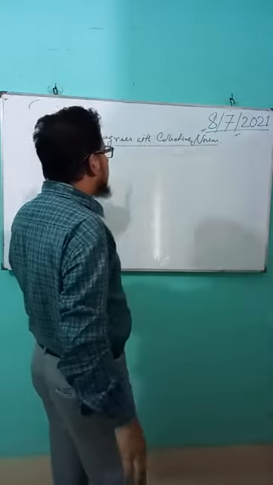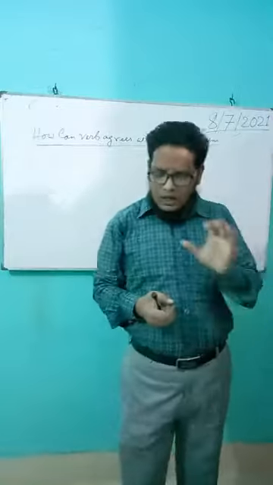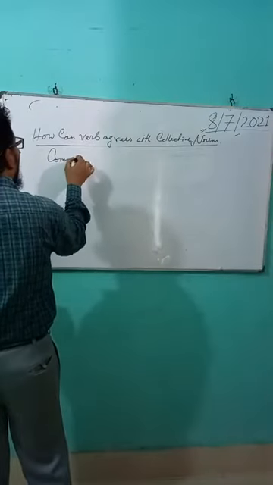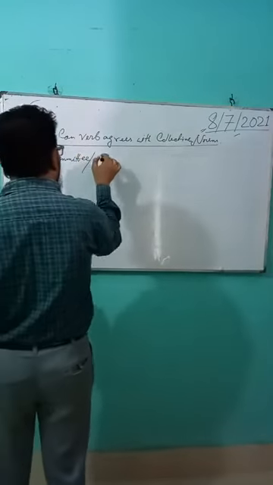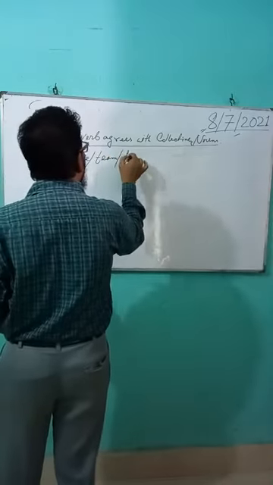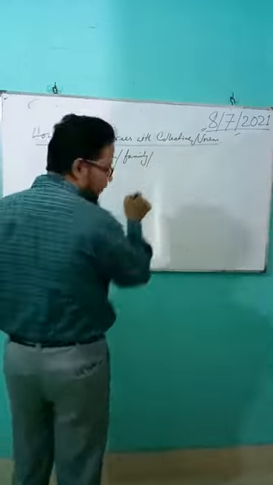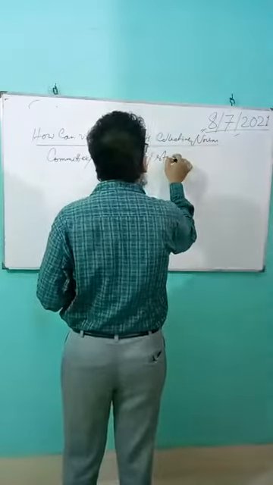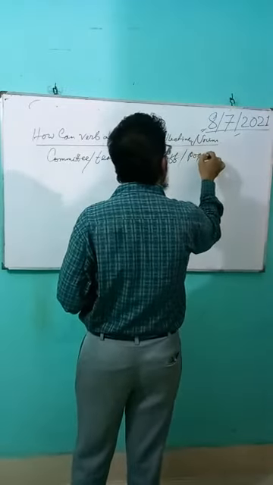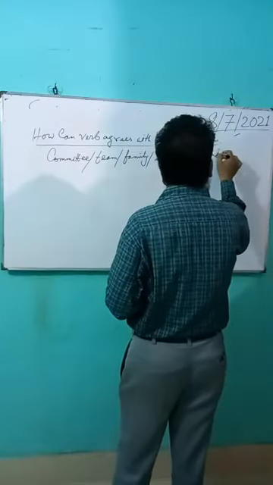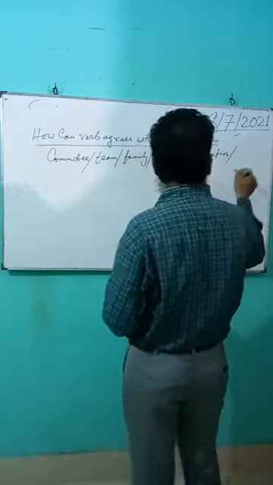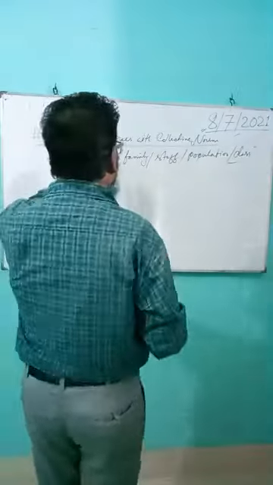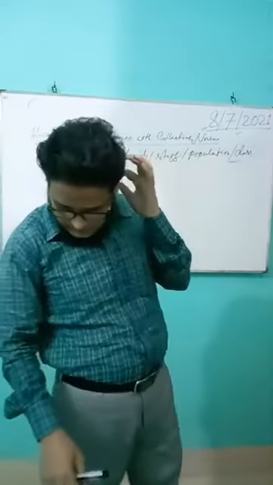We know collective nouns are such as committee, team, family, staff, population, class, etc. Okay, so how can the verb agree with the collective noun? Now we'll discuss it here.